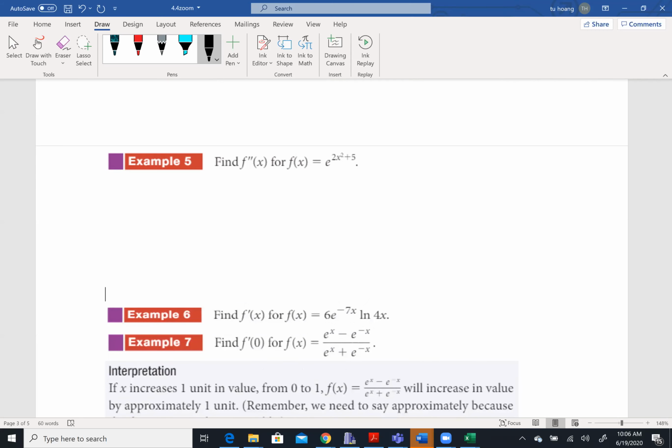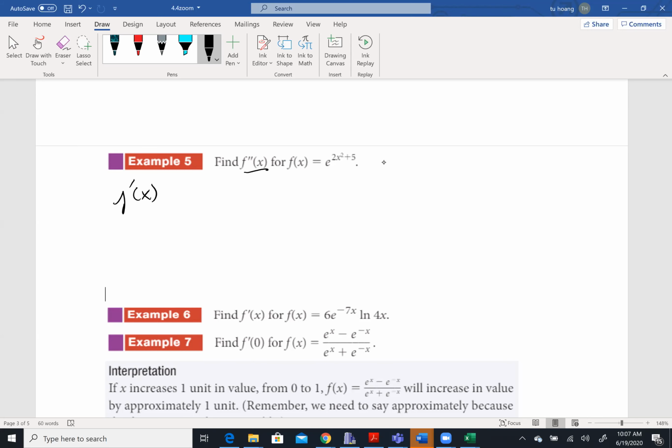Example 5 is asking us about the second derivative of f(x). To find the second derivative, I need to find the first derivative of f(x), and then take the derivative of it to get the second derivative. In here, we noted that f(x) equals e to the 2x squared plus 5.